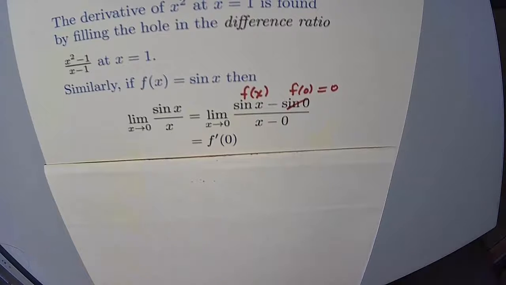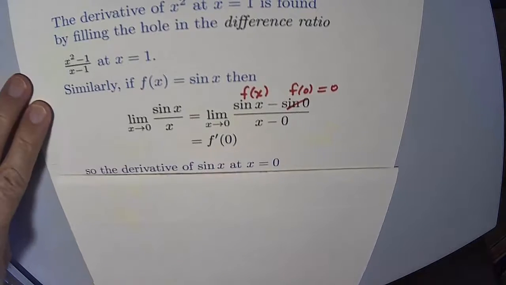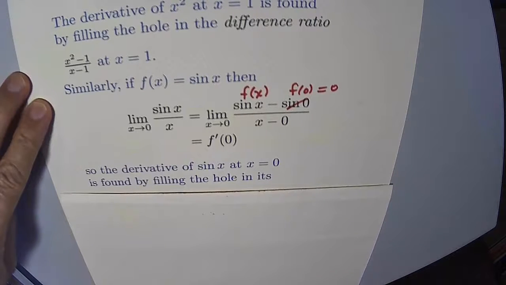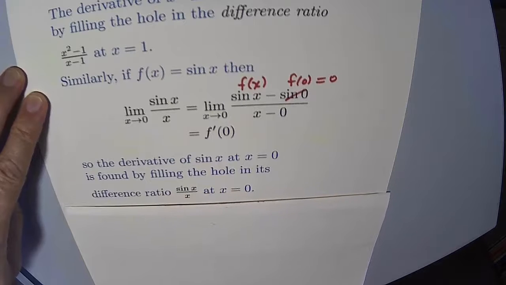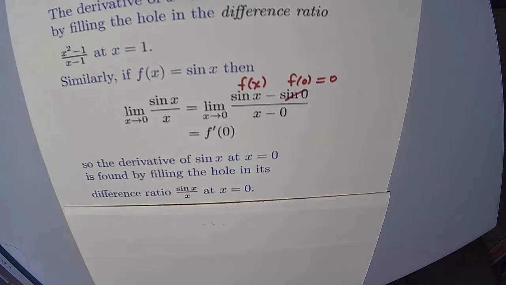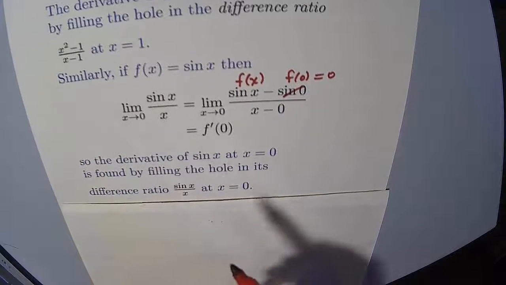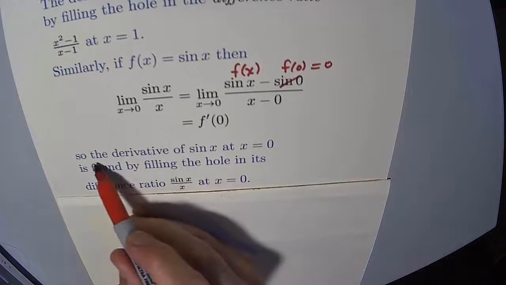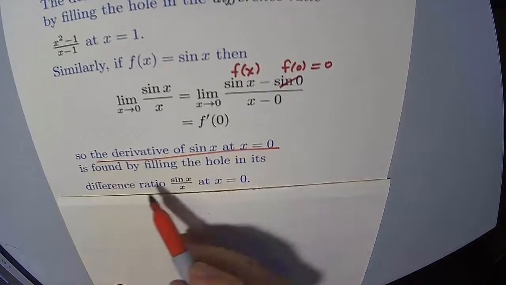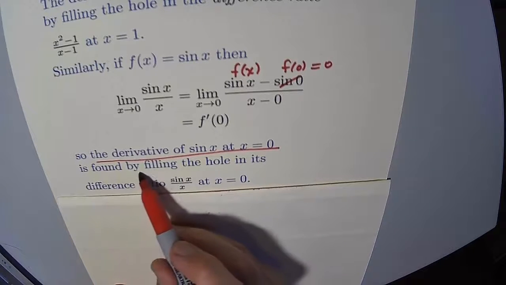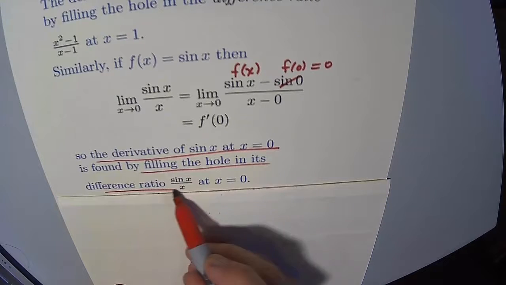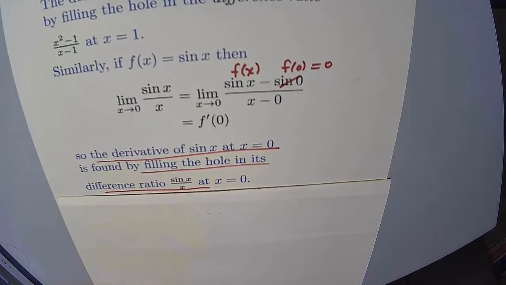The same thing that we discussed a little bit earlier, and we determined that its value is actually equal to 1. Now we see the same thing for x squared happening for sine of x. The derivative of sine of x at x equal to 0 is found by filling the hole in the difference ratio at x equal to 0.